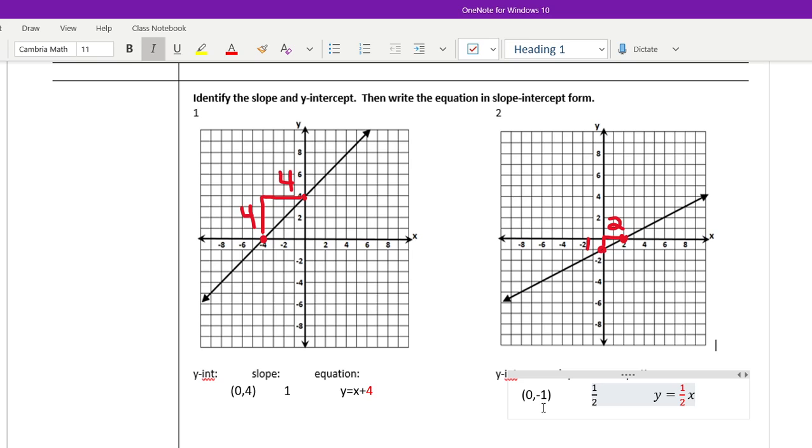And this time we have a negative 1. So when we add our slope intercept, we're actually going to be subtracting a value. We're going to be subtracting 1. So we have two parts that change. We have the slope value that changes from the parent function, as well as our y-intercept.